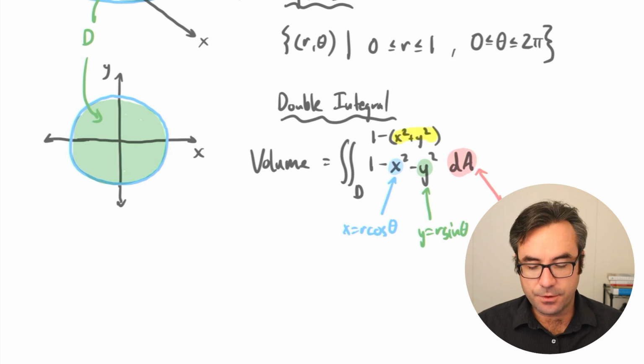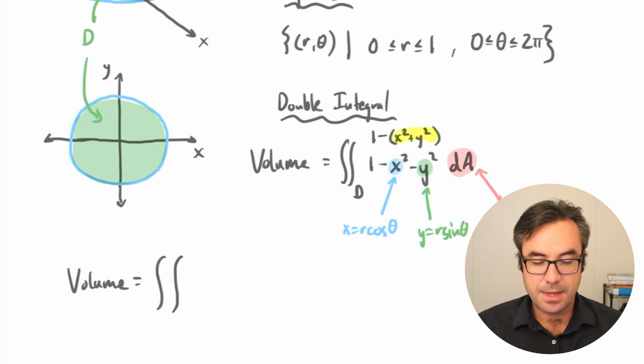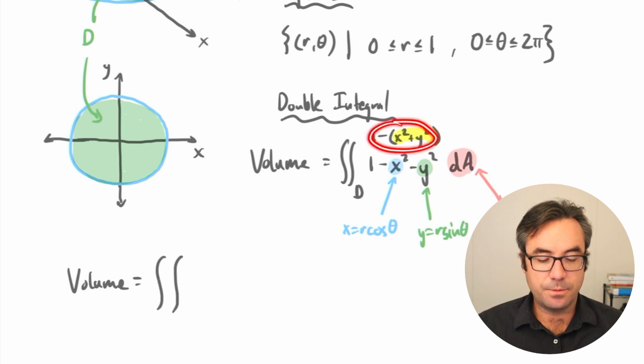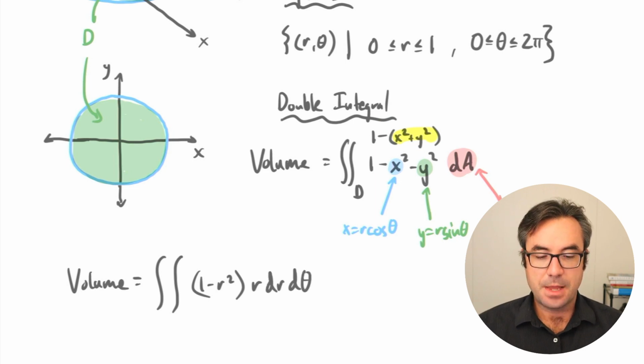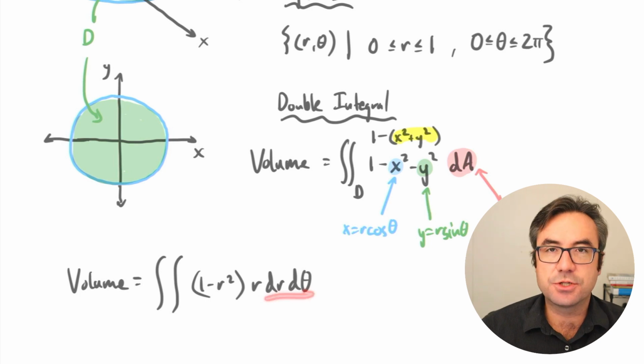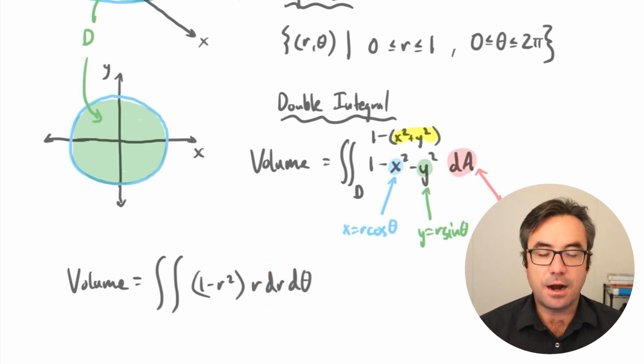So when we do the conversion here, we're going to write this volume then as an iterated integral. And so the function will be 1 minus r squared. And our differential dA is going to become r dr d theta. And the way I have these differentials written out, we're going to do the integration for r first.